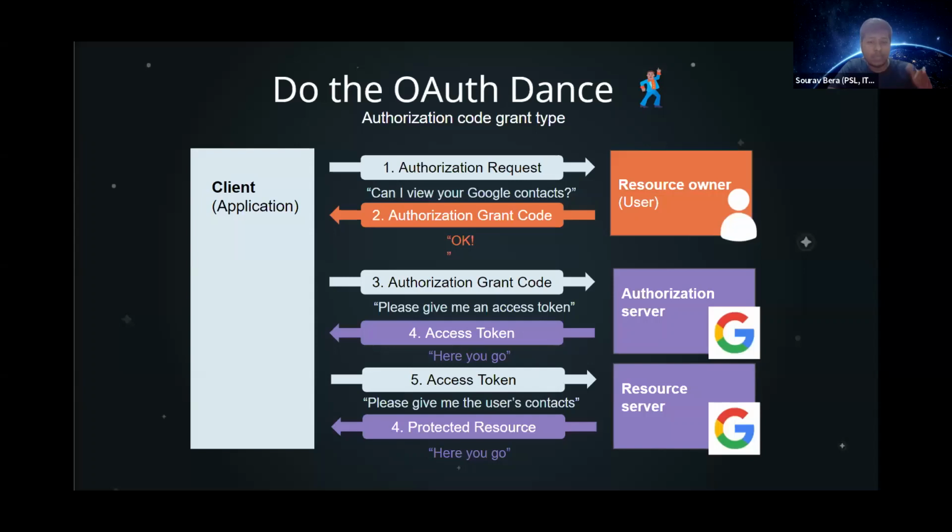After getting permission from the user, the resource owner, the application makes a request to the authorization server to trade the authorization code for an access token.